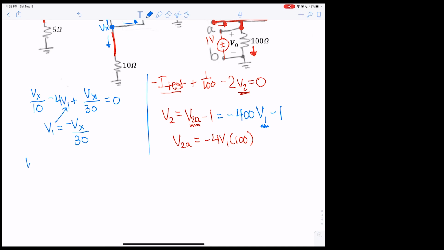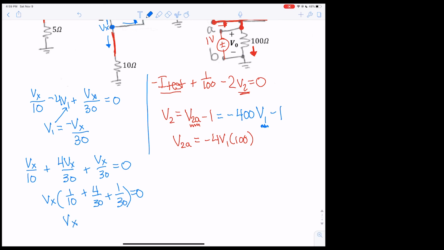to this variable. So Vx over 10 minus a minus becomes a 4Vx over 30 plus Vx over 30 equals 0. Combining all my Vx's, I see that the only way possible for this to be a true statement is for Vx to be 0.